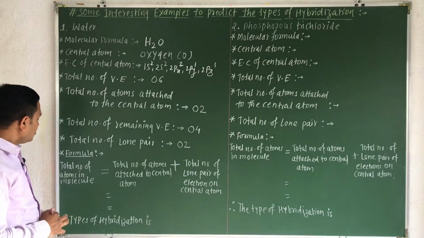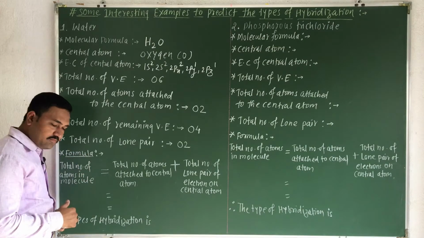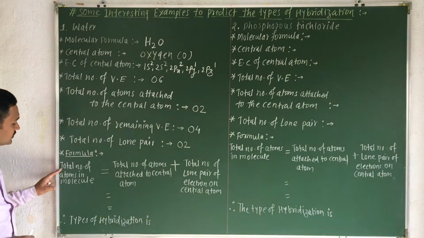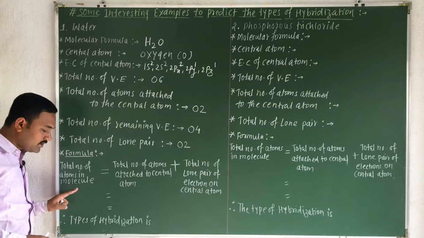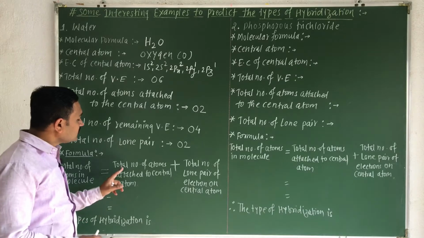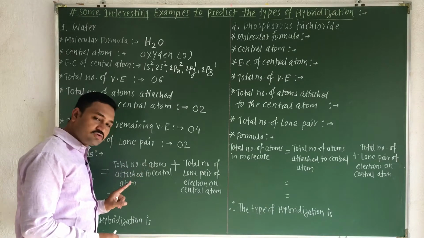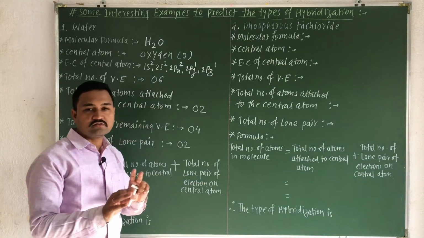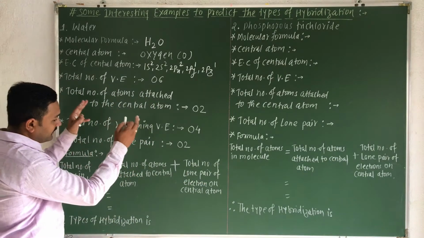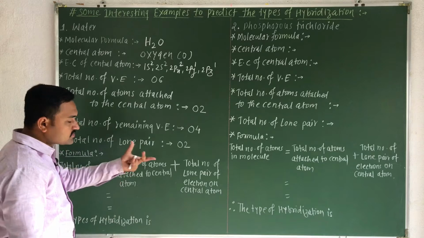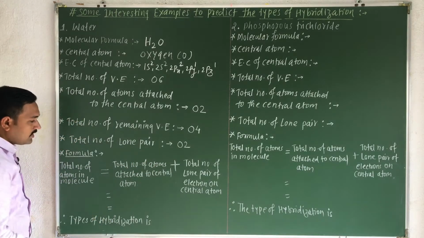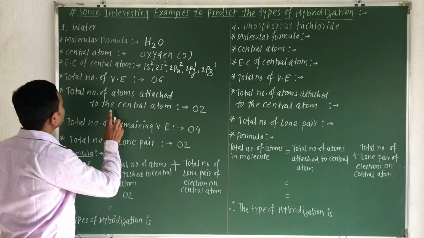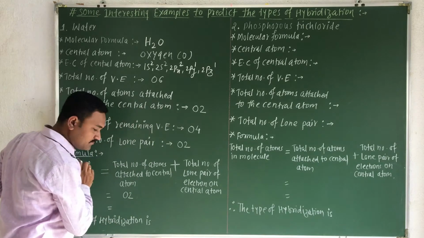To find the type of hybridization, we have one simple formula: the total number of atoms in molecule is equal to the total number of atoms attached to the central atom plus the total number of lone pairs of electrons on the central atom.